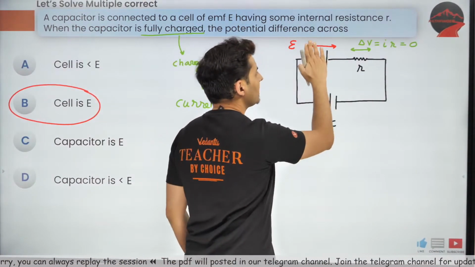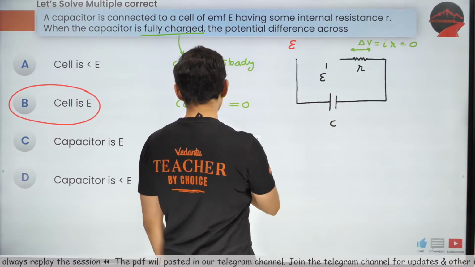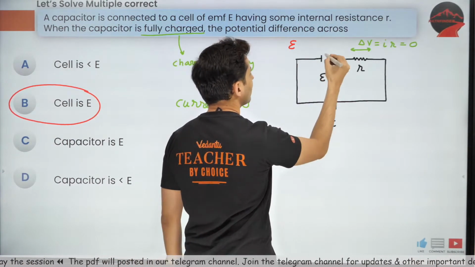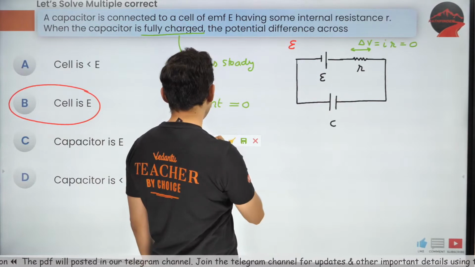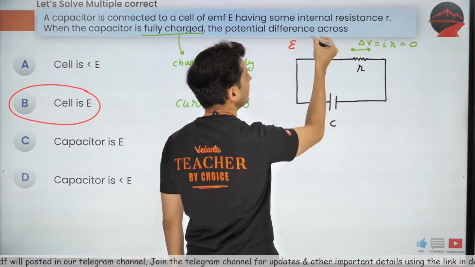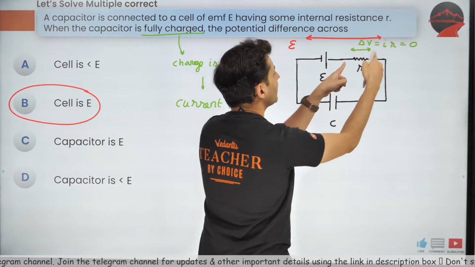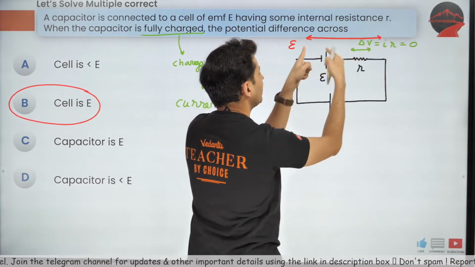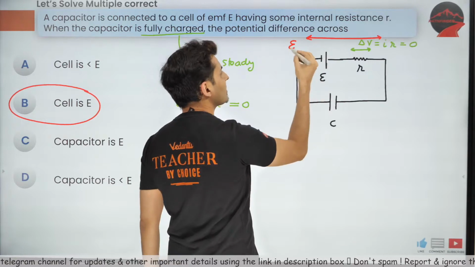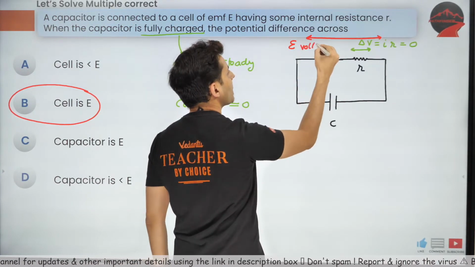As such, if you think about it carefully, this entire thing is the battery. So even if you take the total potential difference, remember, there is no voltage difference across the cell, it is still E volts only.